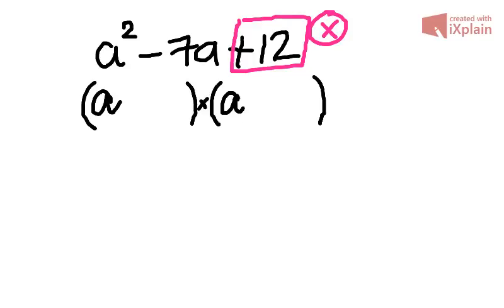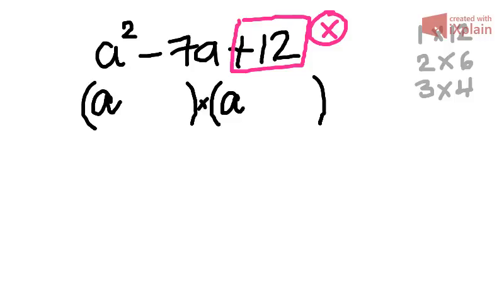So we are going to try to look for whole numbers. There could be a list there. We could think the obvious 1 times 12, 2 times 6, 3 times 4, and that's probably it for now.